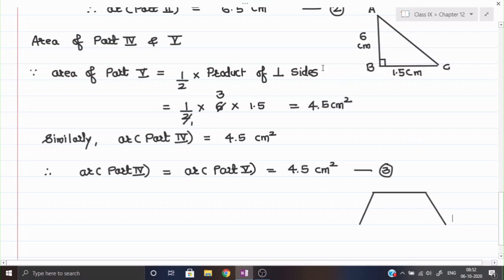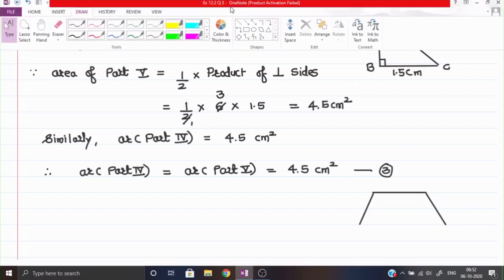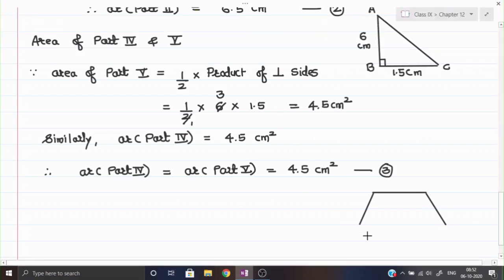Okay, and now we shall draw the base. So here the base I am drawing. Okay, little bit we need to adjust some part over here. Okay, so see, this is a trapezium given to us.